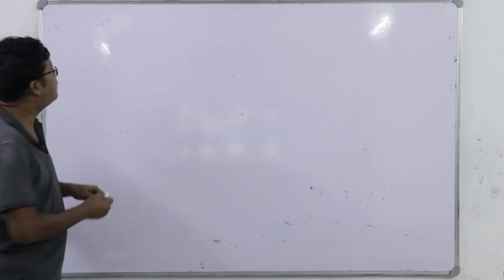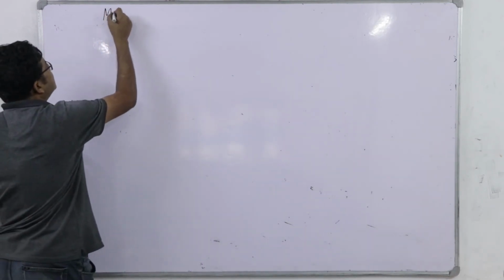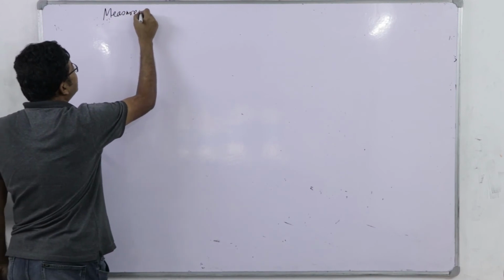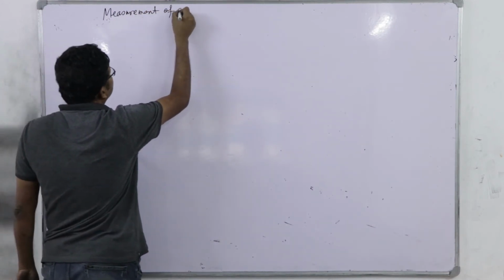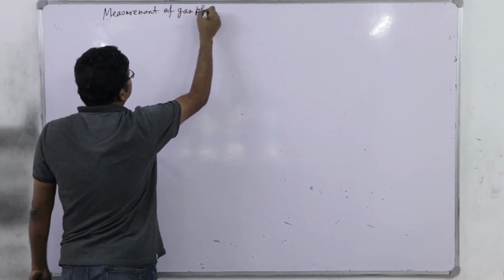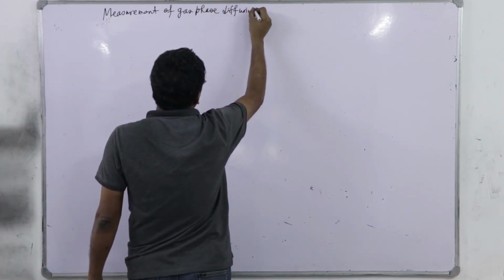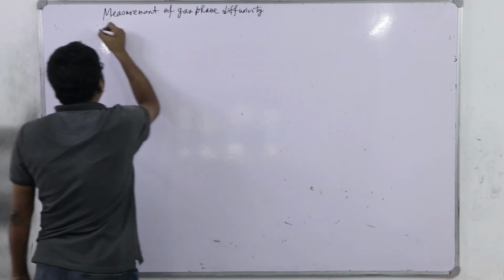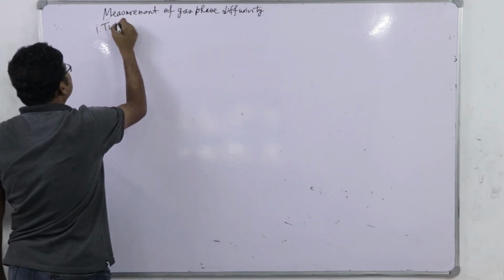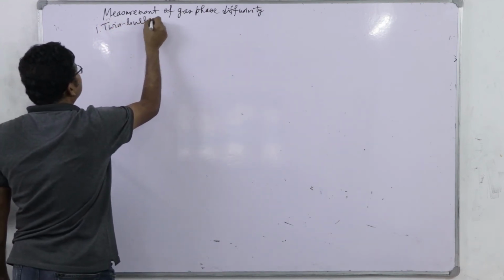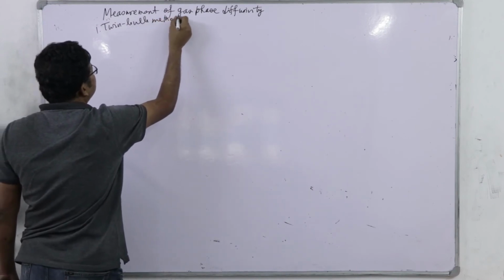So, you see, first we will discuss the measurement of gas phase diffusivity. The first one is the twin bulb method. What do we have?